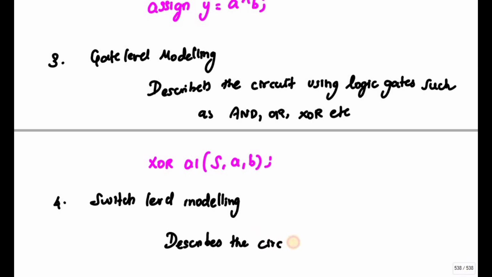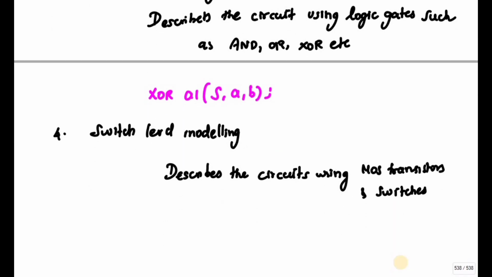So A1 is one of the XOR gates, which consists of the output, written here as y, and then the two inputs, A and B. Then you have to close it with a semicolon.